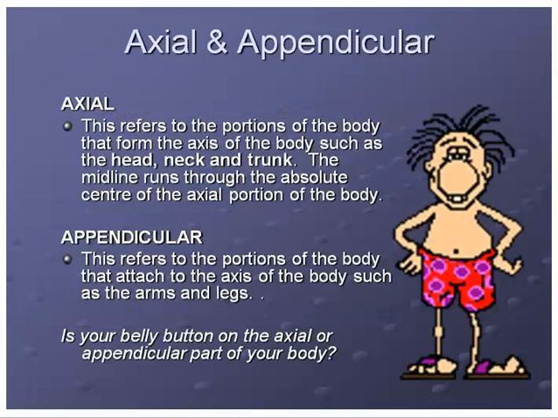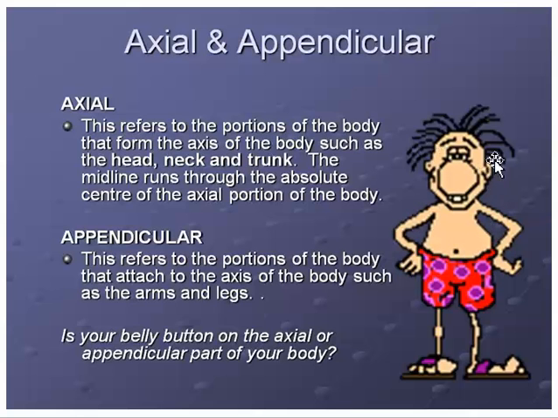And the last one we're going to cover today is what we've just been talking about, which was the axial skeleton. So the axial is basically your head, neck, and trunk. If you look at this guy all around here, this is his head, his neck, his trunk. This is the main part of your skeleton that we call the axial skeleton.